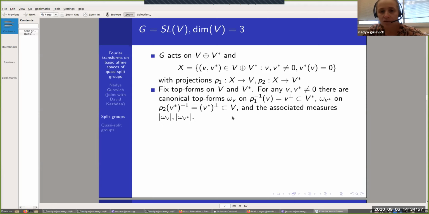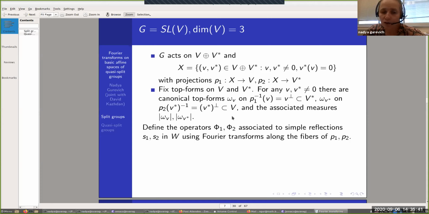So precisely, for any vector V, there is a canonical form on the fiber in X over the vector V, which consists basically of all the covectors whose value on V is 0. We denote it by V perp. I will not write a formula, but it's very transparent how to write this. So these two top forms on the two-dimensional spaces give associated measures.